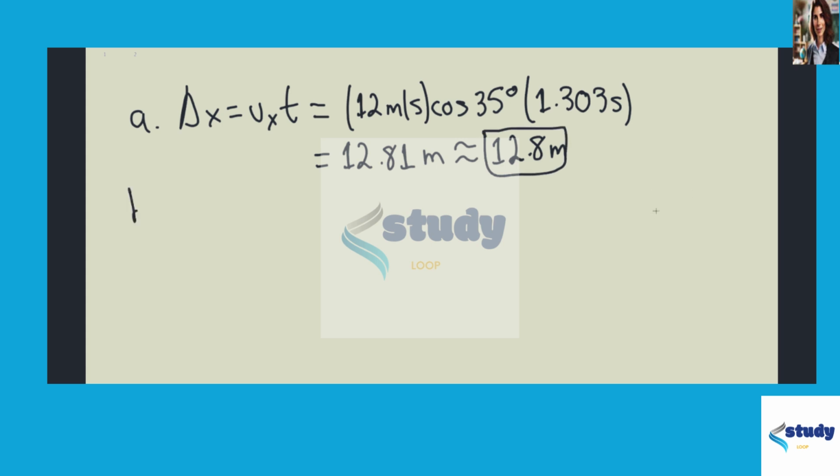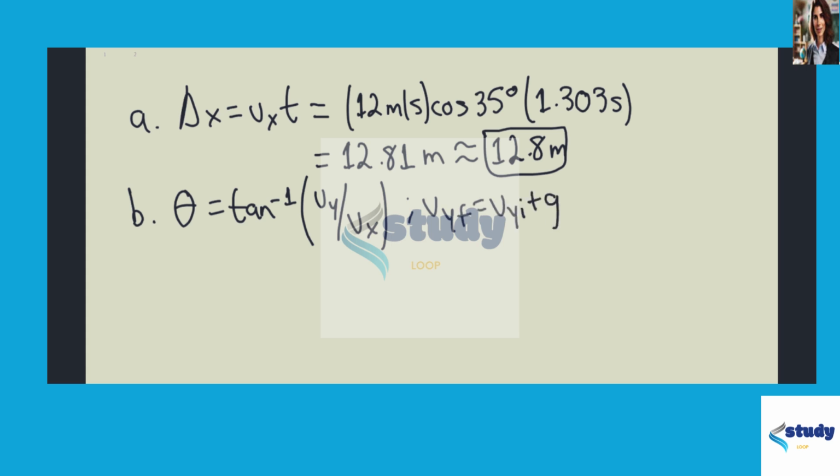And then for part B, when we want to find the angle, it can be determined by the velocity components. So theta would be equal to arctangent of v sub y divided by v sub x. And so this would be v sub y we can solve for. V sub y final would be equal to v sub y initial plus g t.